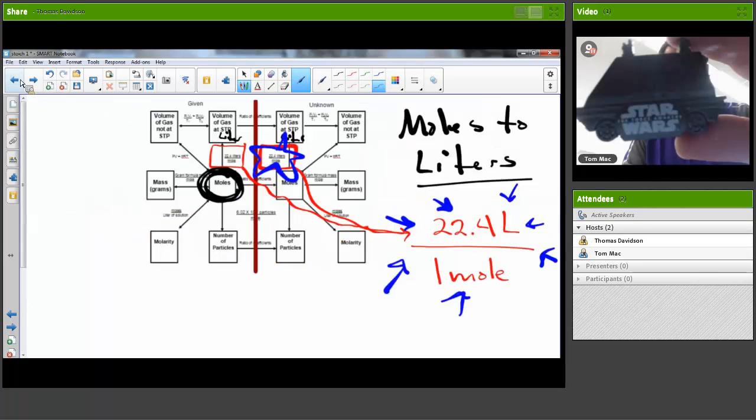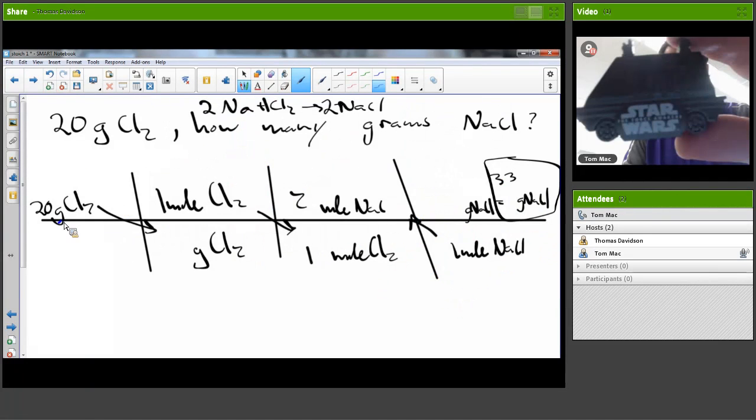If I go back, look right here. Grams Cl2 cancels out. I never wrote this. This was 71. Moles Cl2 canceled out. Mole NaCl, mole NaCl. I was left with grams of NaCl. Wow, how lazy was I last time? Whoops, that doesn't cancel out. I'm going to fail myself. But we're just lining it up to make things cancel out.